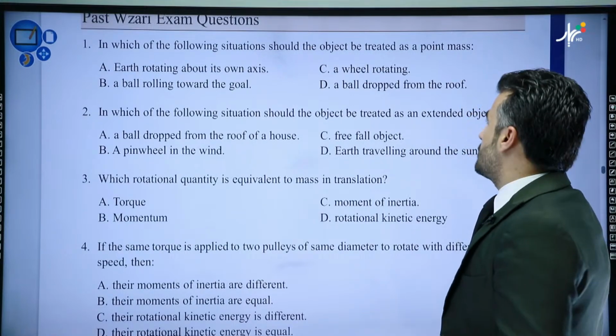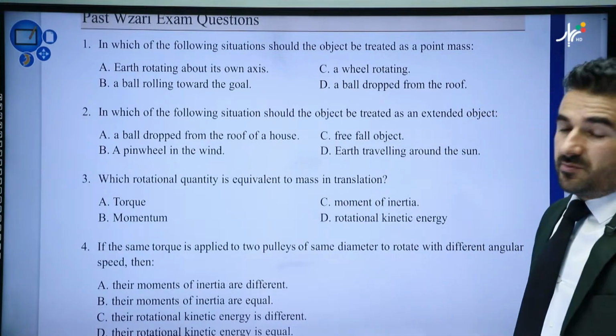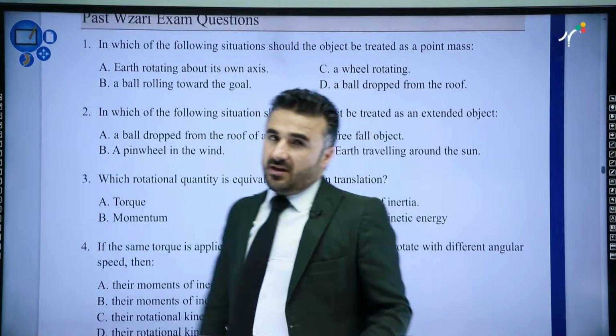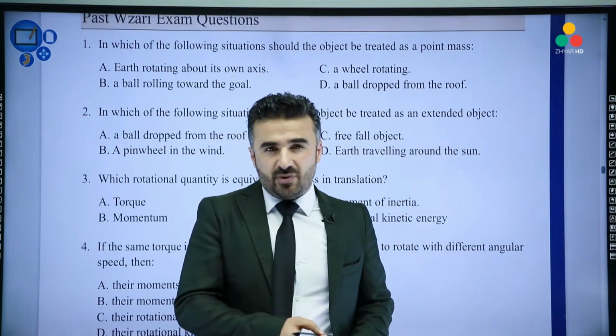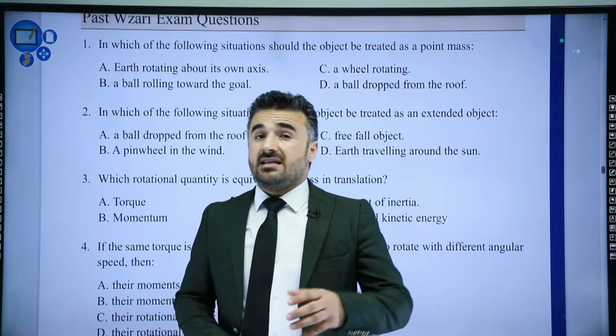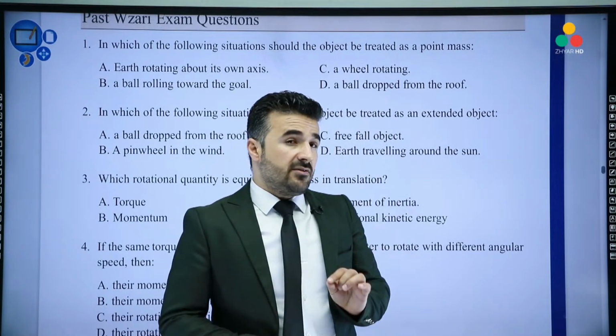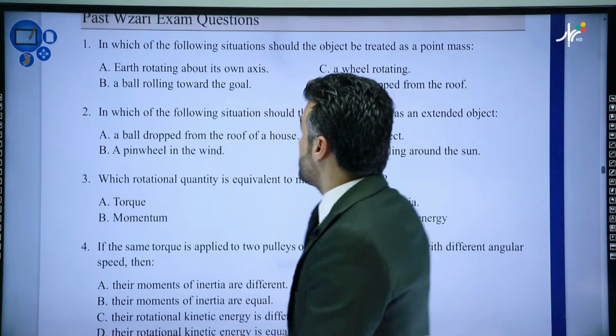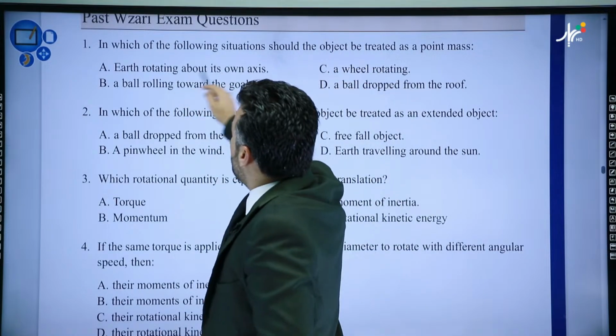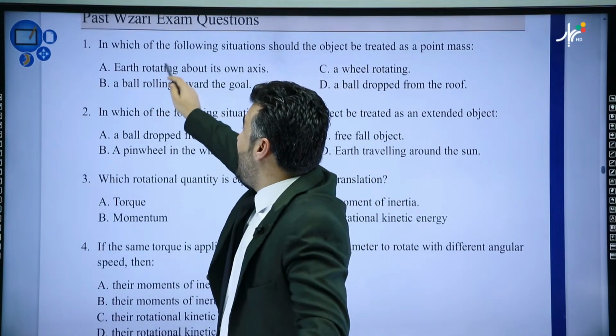All right, so I'll go through some of the questions here. In which of the following situations should the object be treated as a point mass? Here we said, whenever the center of the object is rotating or spinning, then the object is considered as an extended object. If the center of the object is not rotating, then we can consider the object to be a point mass. So Earth rotating about its axis, there's rotation, so extended.